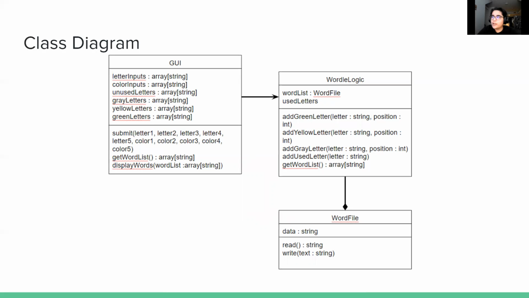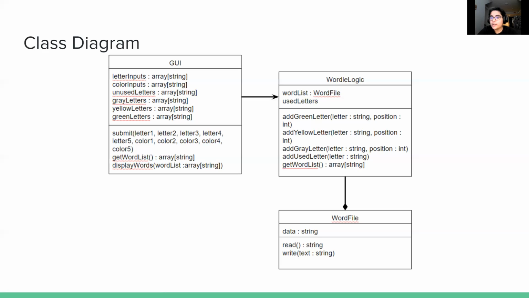On Wordle logic, it maintains a word list, which is a word file object, and your used letters. From that submit, it can then add green, yellow, gray letters, as well as update the used letters. And then you can get the word list, which will return your string or array of strings with possible words.